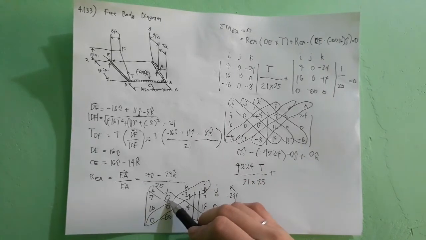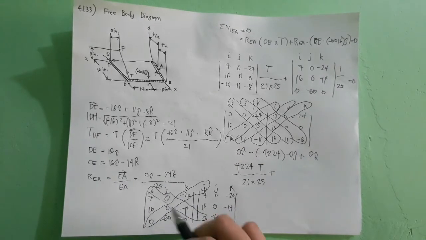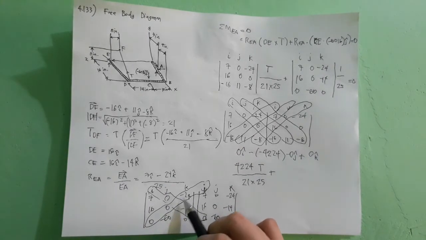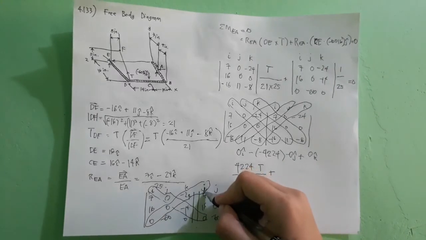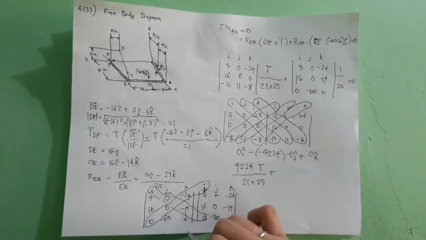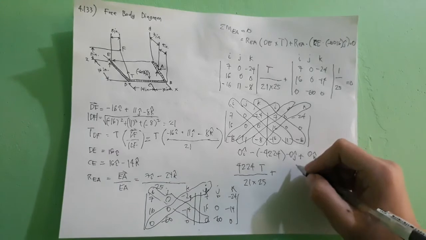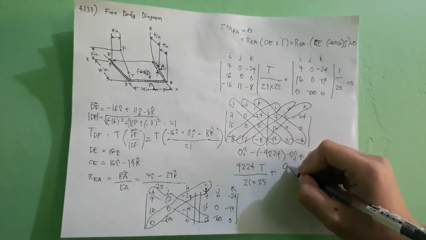So 0 times negative 14 times 0 is equal to 0. Negative 24 times 0 times 0 is equal to 0. So 0 minus 0 is equal to 0i.